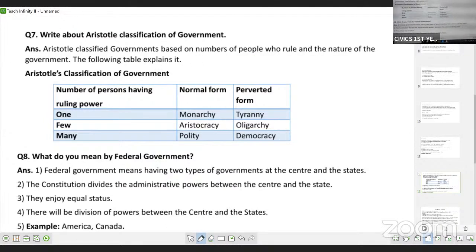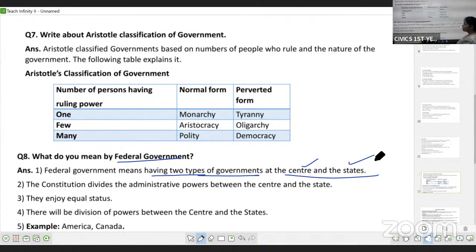Then, what do you mean by federal government? Federal government means government having two types of government. You will have a central government and the state government. In a federal form of government, you have two levels: central government and state government.